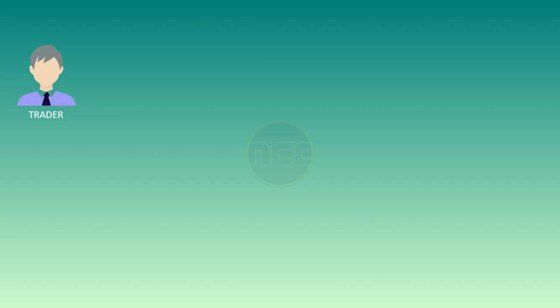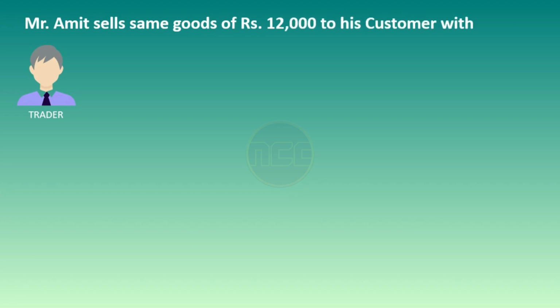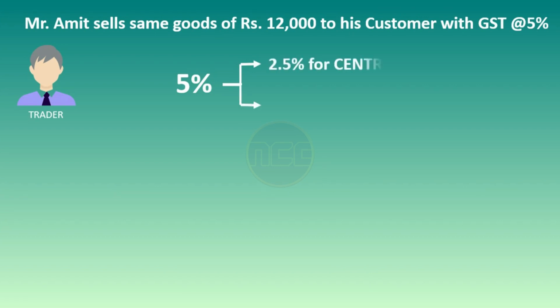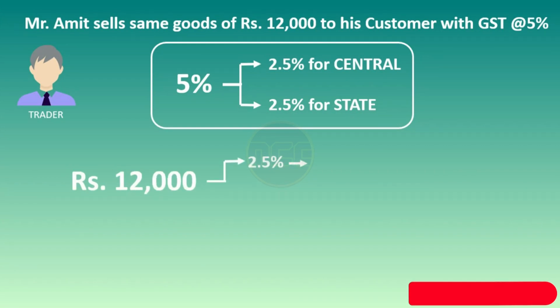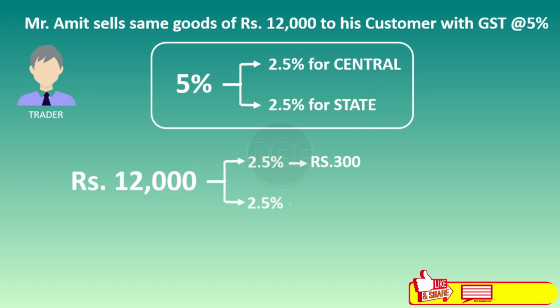Then Mr. Amit sells the same goods of rupees 12,000 to his customer at 5% GST. Here also 5% is divided into equal portions, that is central and state. So 2.5% on rupees 12,000 is rupees 300 and again rupees 300.